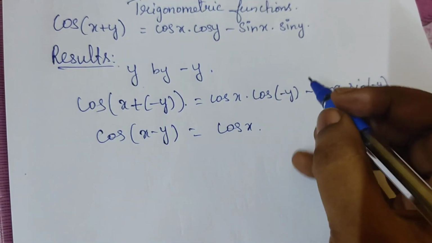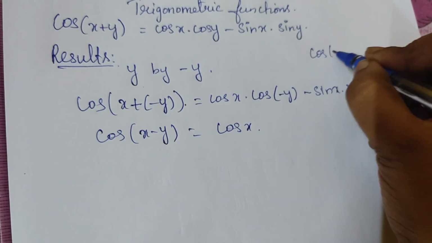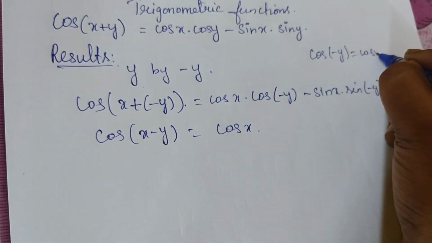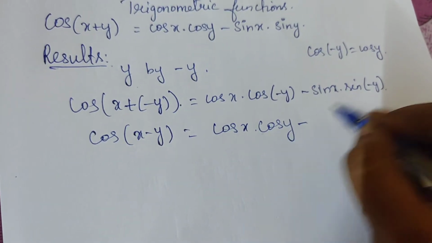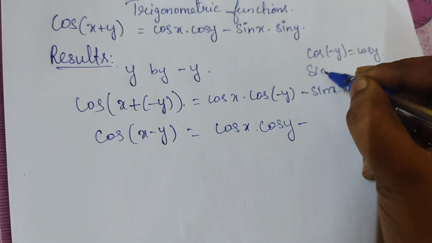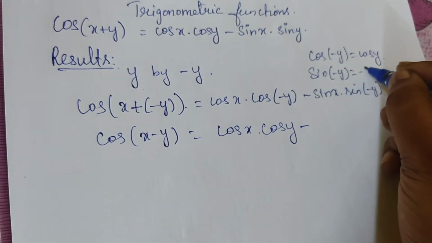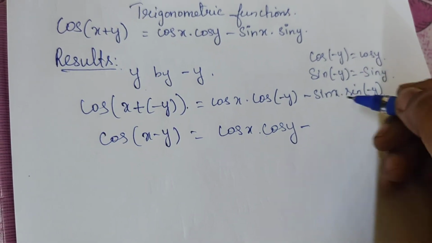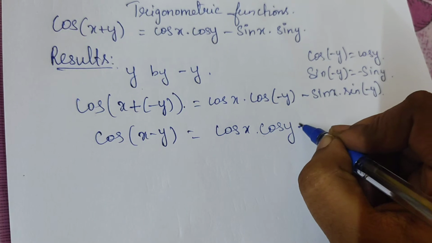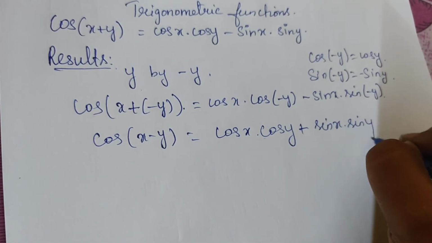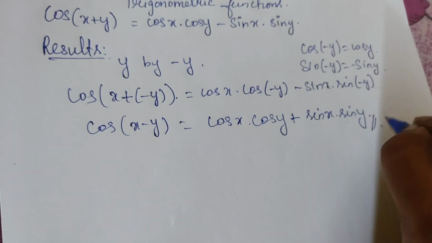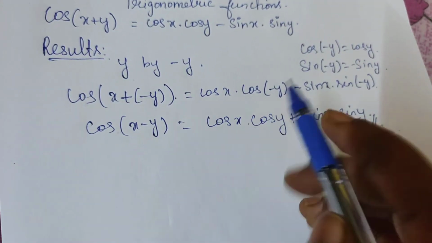Cos function is an even function, so cos minus y will be cos y only. Sin is an odd function, so sin of minus y will be minus sin y. Minus minus will be plus, so we will have sin x into sin y. So this is the identity of cos(x minus y).